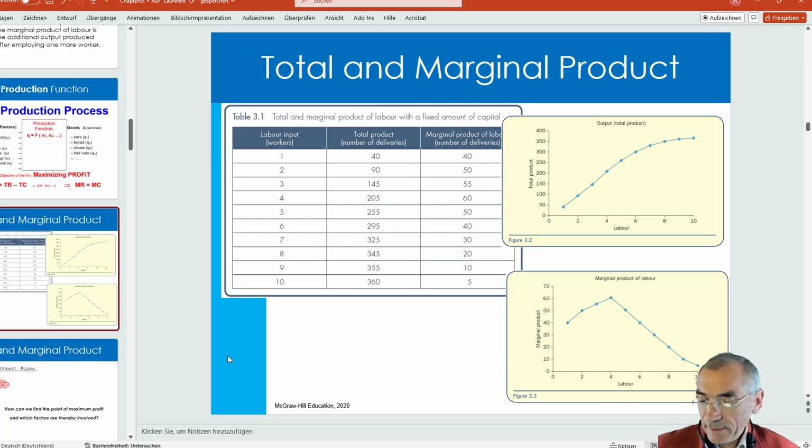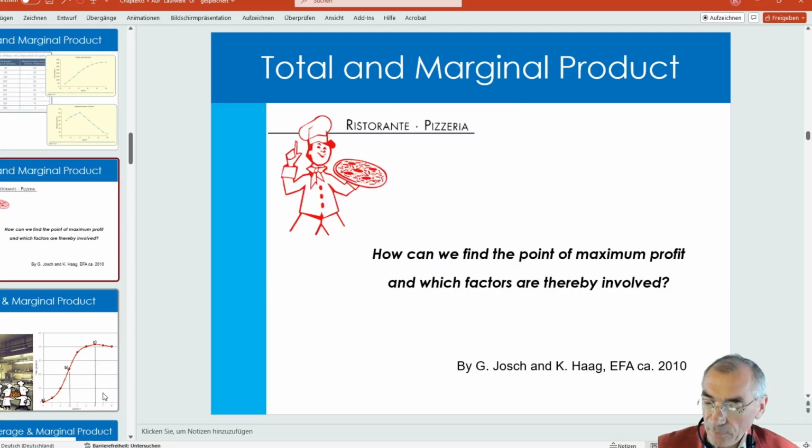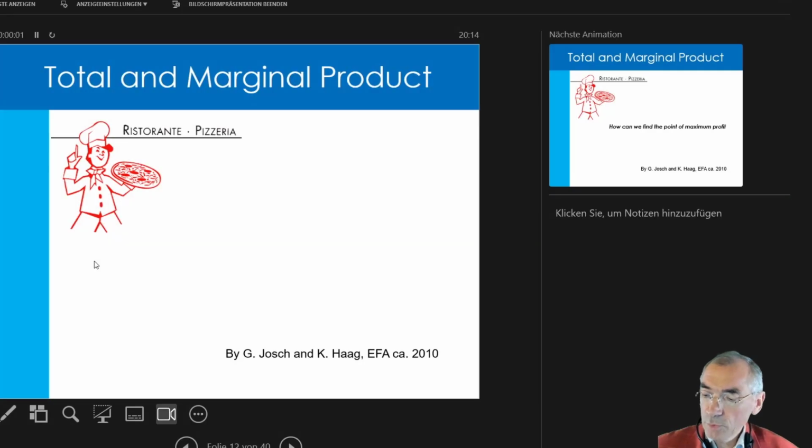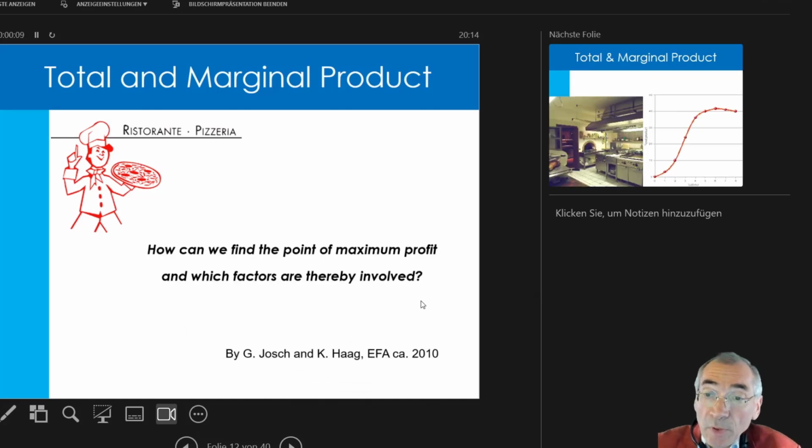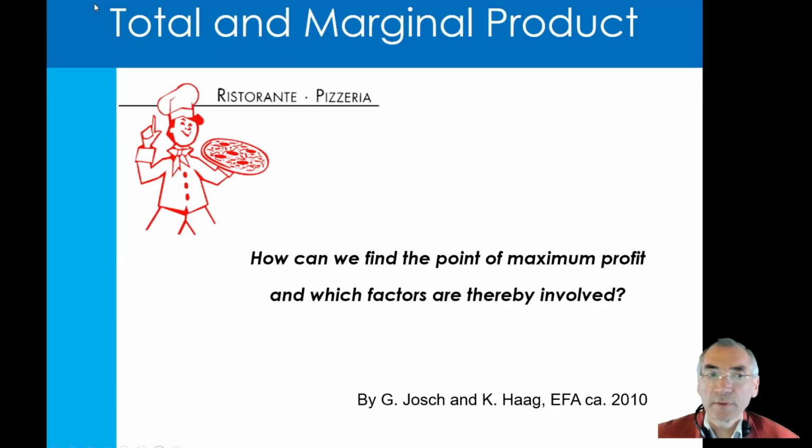But what I'd like us to look at, because I find this a nice example, is something that students produced some years ago by talking about this chapter, and they said, let's take the example of the Pizzeria L'Armonia. Computer ignored again, so this is how it should look like. The Pizzeria L'Armonia, where they look at the question, how can we find the point of maximum profit and which factors are thereby involved. And let's do this.